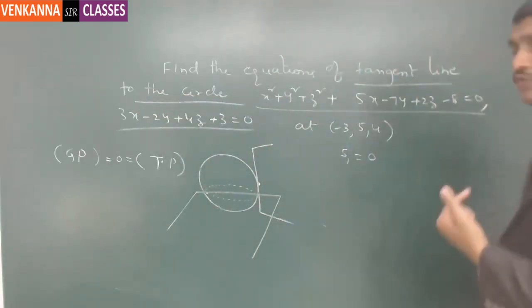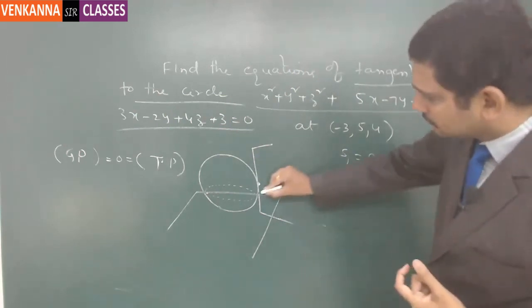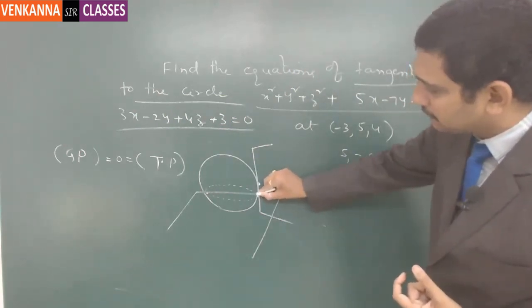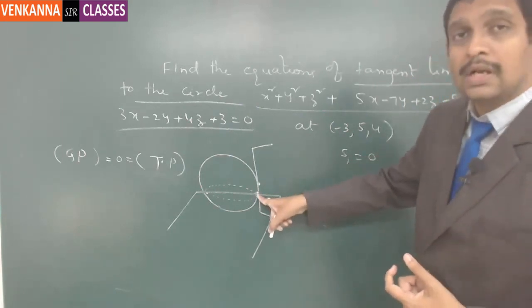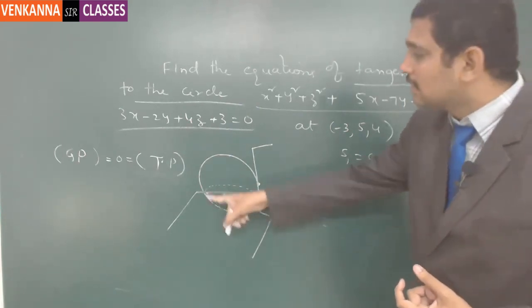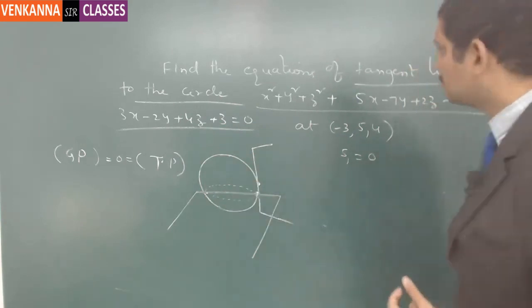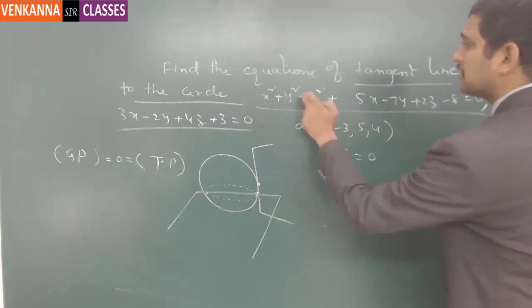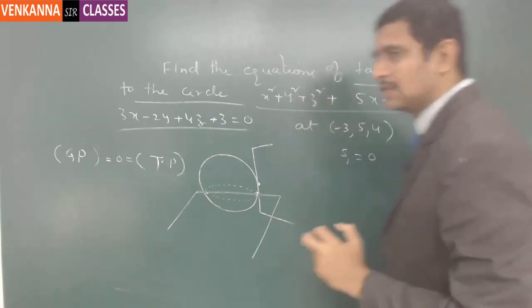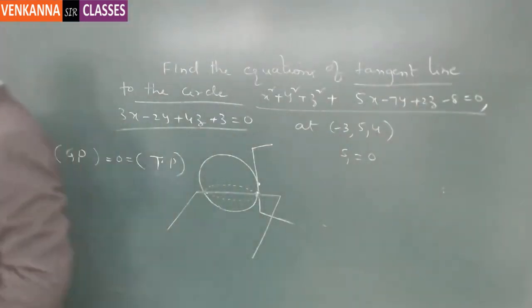So where the point is, it is at this point. The point lies on the circle. So can you say that the given point satisfies the two equations, the sphere and the plane equation? So what happens?